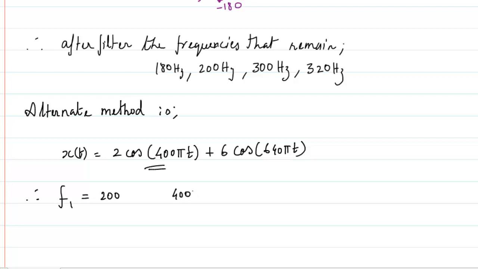How I got 200? If you remember, I told you 400 pi is basically omega, which is 2 pi f1, so if I take f1 then divided by 2 pi, pi and pi will cancel, I will get 200. From the second part of the signal, I get the second frequency f2, which is 640 pi divided by 2 pi, which is going to be 320 Hertz. This is my f1, which is 200 Hertz.